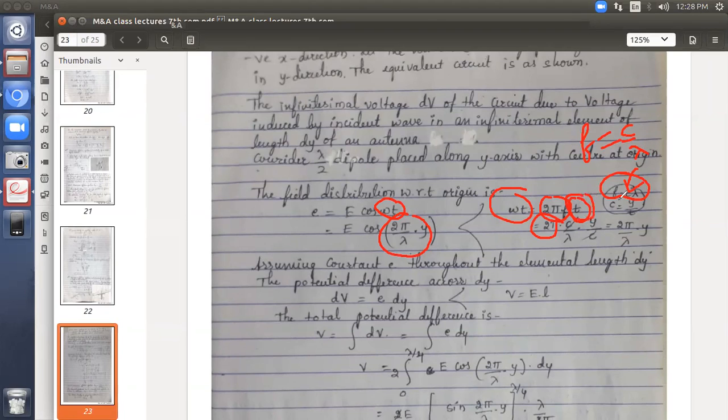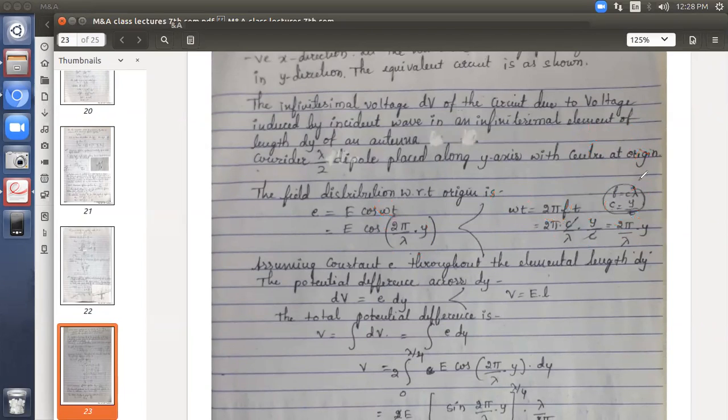And how do you get the time? The velocity of light c is equal to the distance traveled divided by the time, so time is equal to y by c. I hope you understood this.